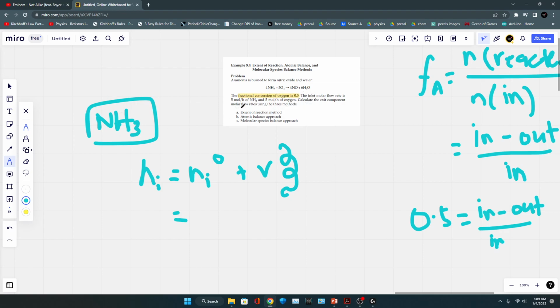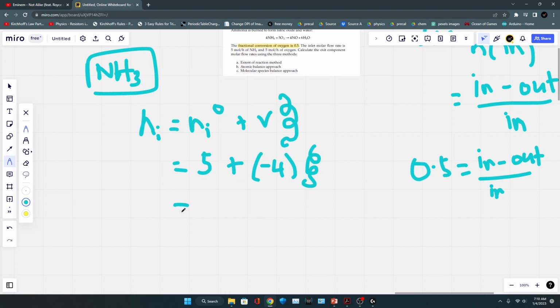It has been stated here that it's 5, so 5 plus nu, the stoichiometric coefficient of ammonia, which is 4. However, since ammonia is a reactant, it needs to be a negative sign of -4. So 5 minus 4 times the extent of reaction.